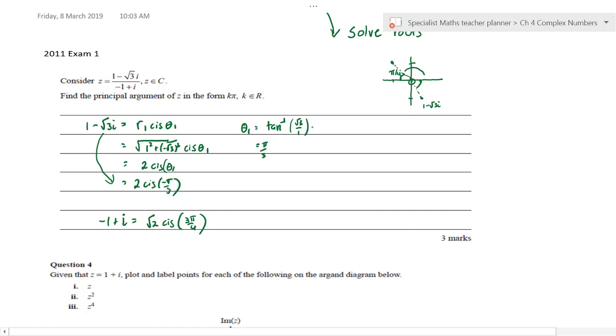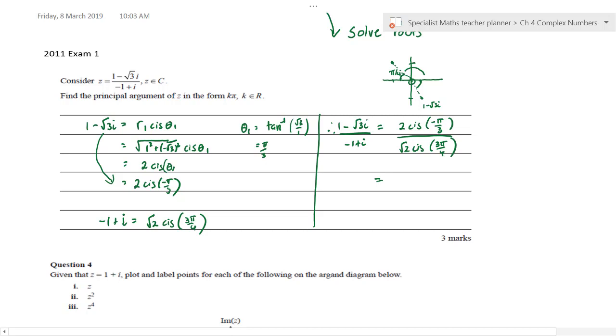Okay, so now what we can say is, therefore, 1 minus root 3i over minus 1 plus i is equal to 2 cis of minus pi on 3 divided by root 2 cis of 3 pi on 4. Now, when you go ahead and do those, it's just straight off your formula sheet.